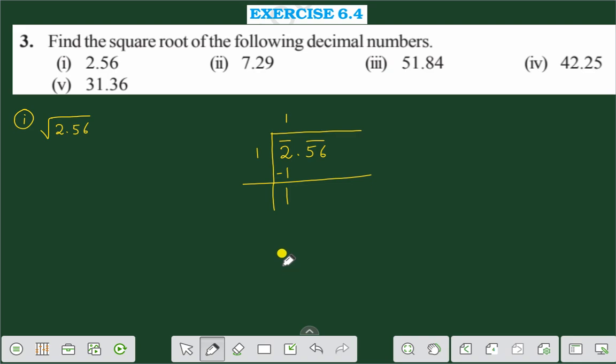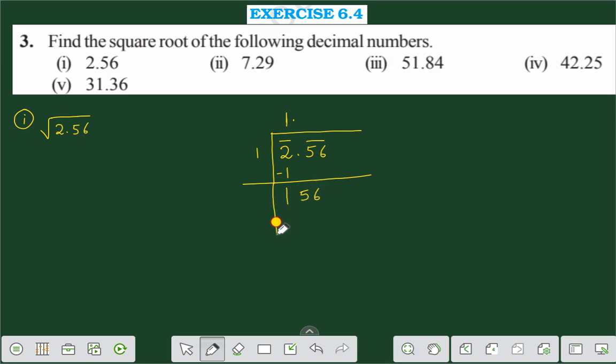After that, the point is here, so put the point here. Then 5, 6 will come down.